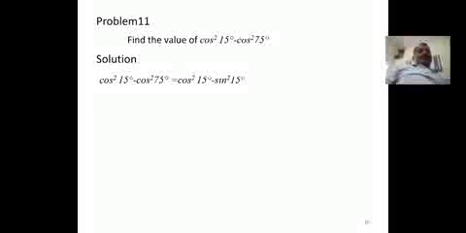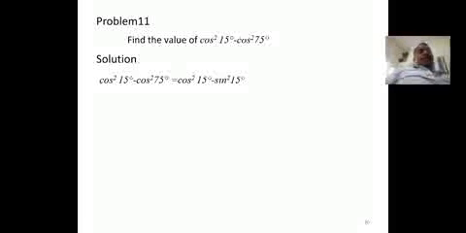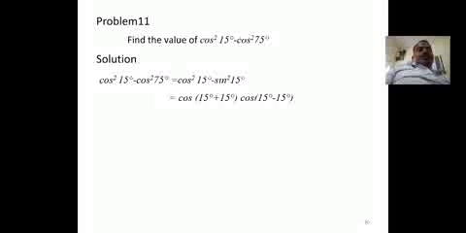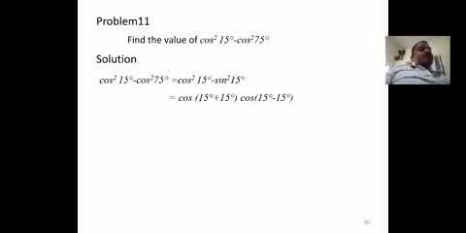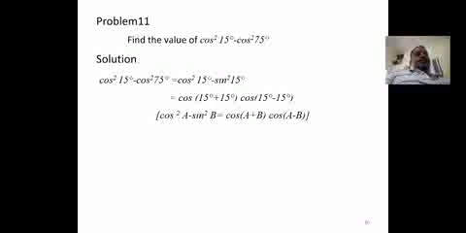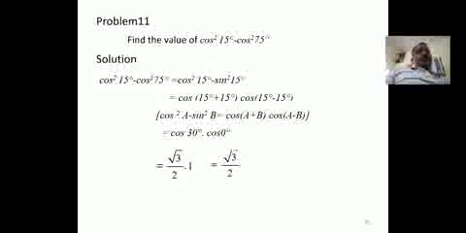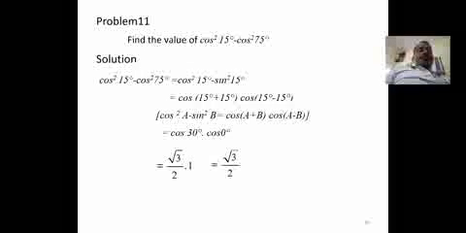Now it is of the form cos square a minus sin square b, that is cos of a plus b into cos of a minus b. So cos of 15 plus 15 into cos of 15 minus 15. Cos of 15 plus 15 is cos 30, therefore cos 30 into cos 0. Cos 30 value is root 3 by 2 and cos 0 is 1. So root 3 by 2 is the required result of this problem.